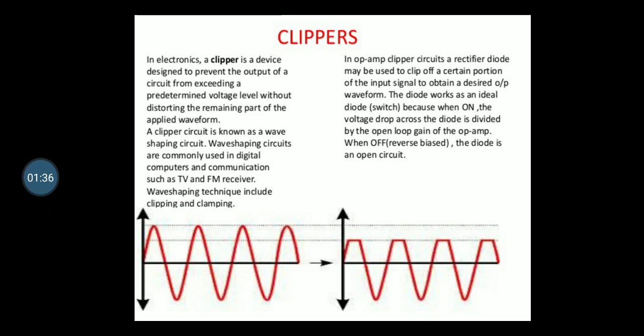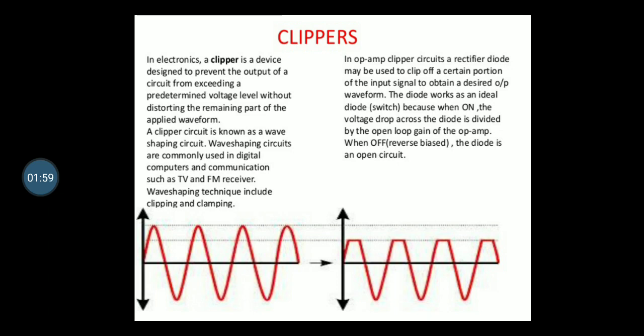A clipper circuit is also known as a wave shaping circuit. Wave shaping circuits are commonly used in digital computers and communication, such as TV and FM receivers. Wave shaping techniques include clipping and clamping.